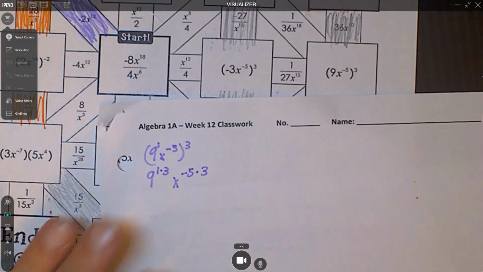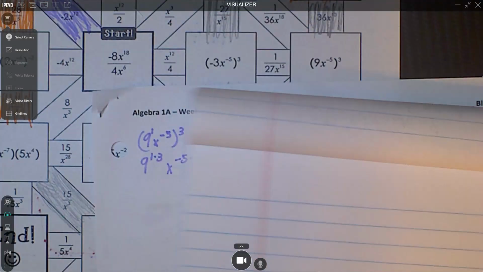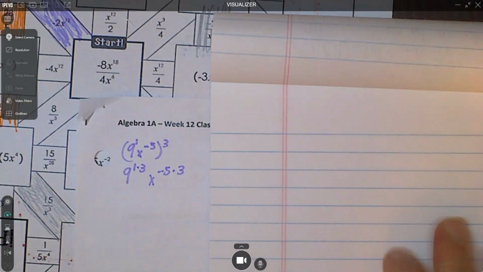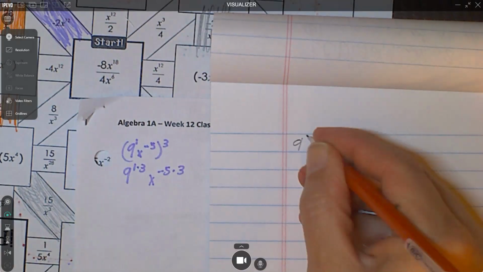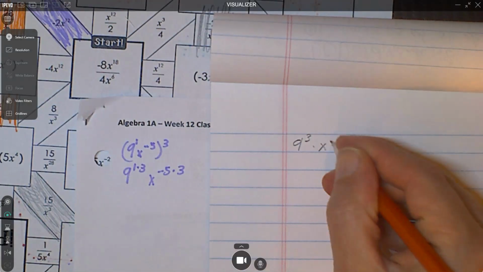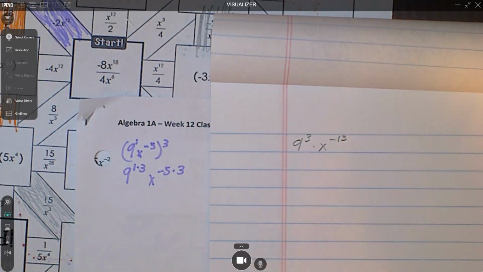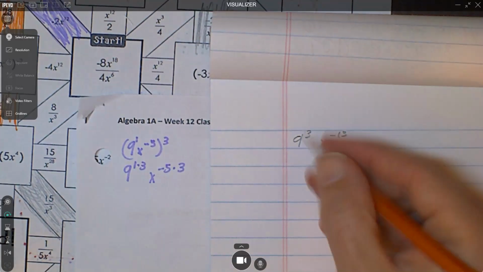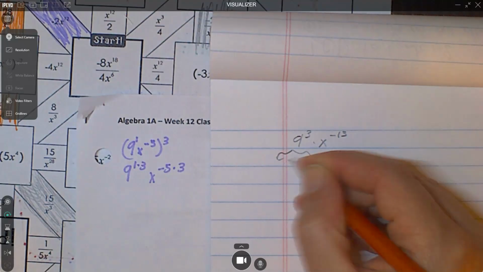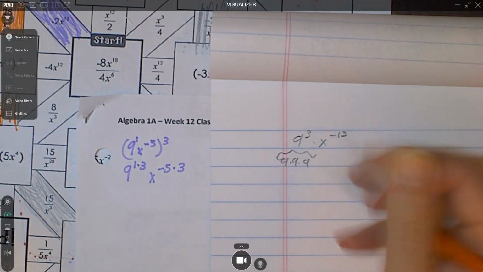And it's because we need 3 groups of 9, x to the negative 5. 9 times 9 times 9.